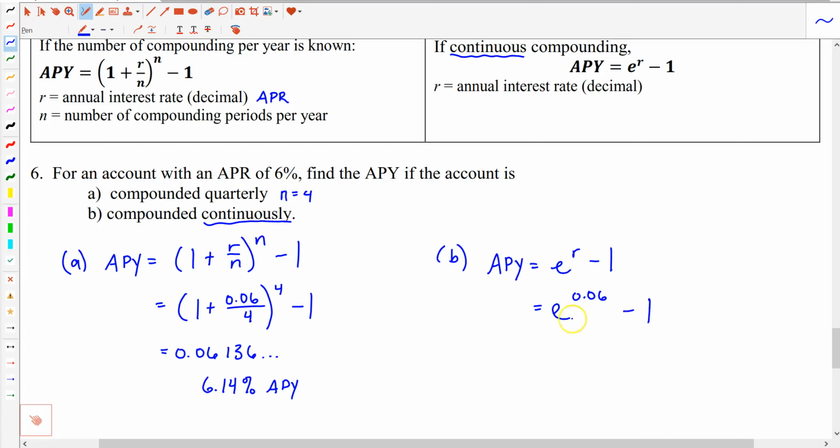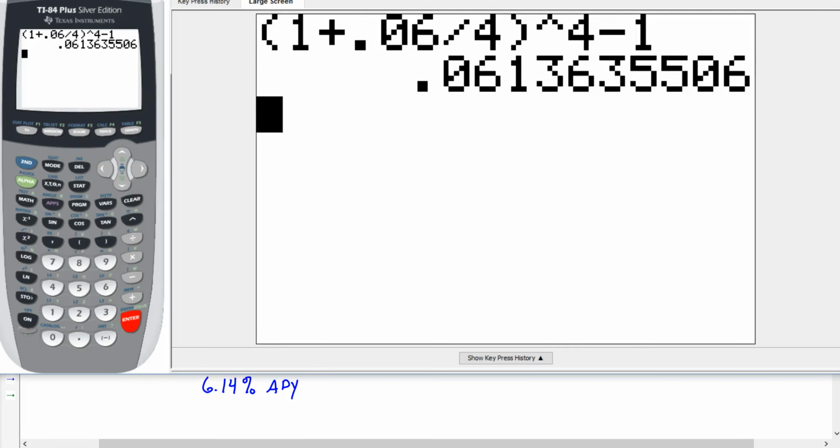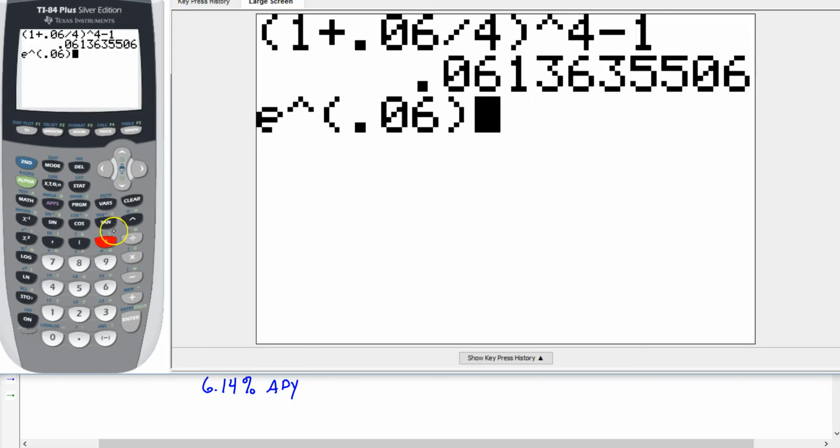It's down here at the base level, so the only thing in my exponent is 0.06. To grab my exponential, I would have to hit second and then that button. The only thing I want up in the exponent is 0.06. So at this point, I would have to close my parentheses, say I'm finished with the exponent, and then key in −1.